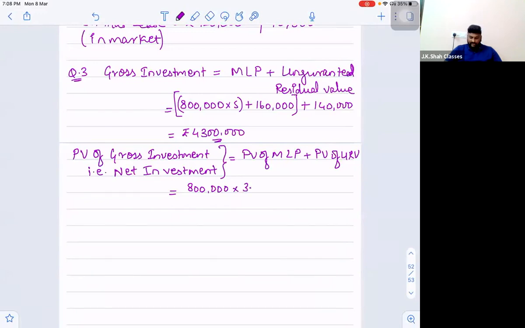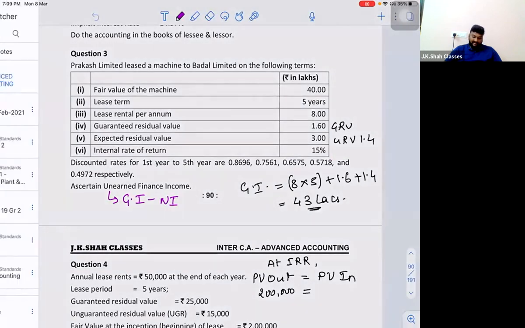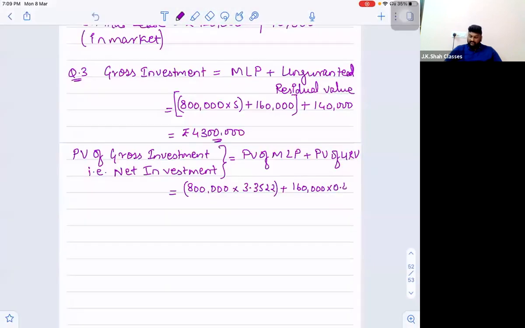Okay, 8 lakh into 3.3522 plus 1 lakh 60 is guaranteed value, and for guaranteed value we are going to receive it at the end of 5th year. So discounting rate will be applied at the end of 5th year, that is 0.4972. So 1 lakh 60 into 0.4972, and I will close my first bracket. The first bracket is PV of MLP. Plus I will now go for URV. 1,40,000 also we are going to get at the end of the 5th year into 0.4972.